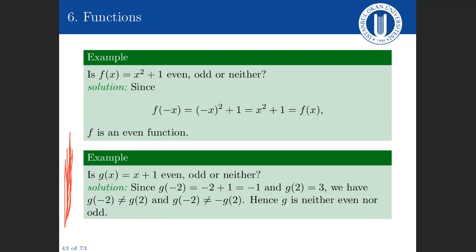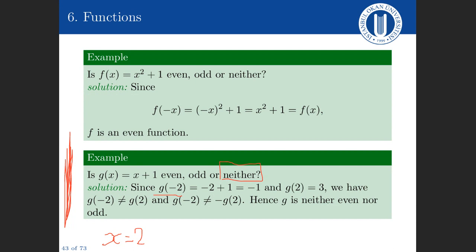I want to show that this function is not even and it's not odd. I don't need to use every single x. I can just choose one number, and I'm going to choose the number x is equal to 2. You could choose any non-zero number that you wanted. I just choose to use the number 2 because it's a nice number.